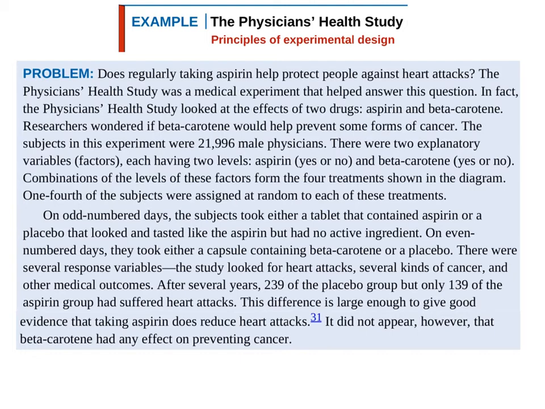After several years, 239 of the placebo group, but only 139 of the aspirin group had suffered heart attacks. This difference is large enough to give good evidence that taking aspirin does reduce heart attacks. It does not appear, however, that beta-carotene had any effect on preventing cancer.